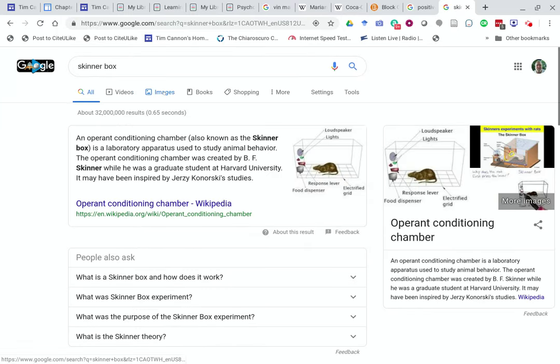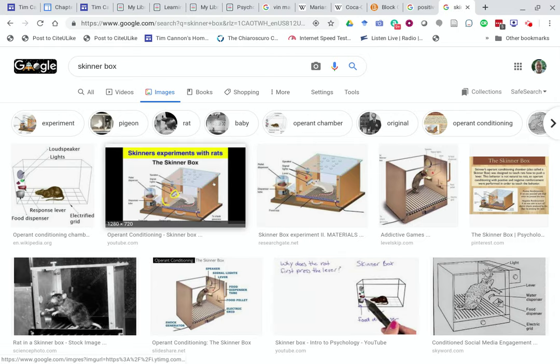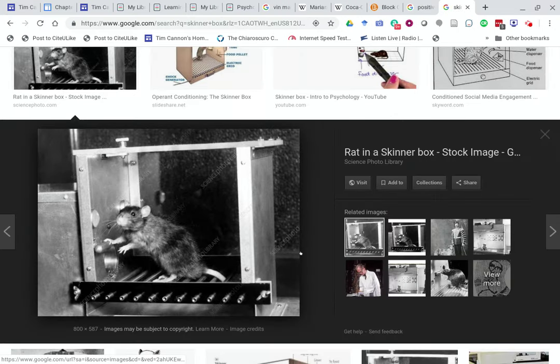And there's lots of images. And there's a picture I know and love. I believe it's from Skinner. So there's a rat, a kind of scary one. And you can see in the box, there's a light, there's another light, there's often a speaker, there's a grid floor, and where the animal can be shocked.